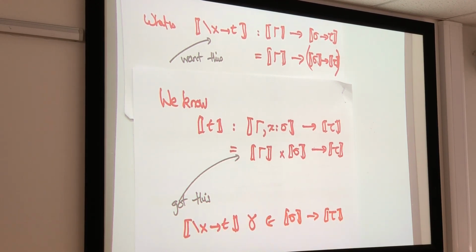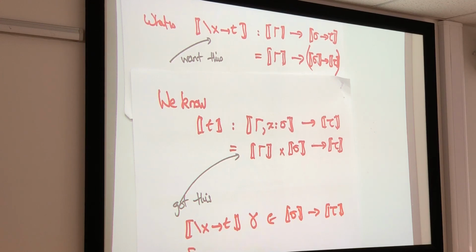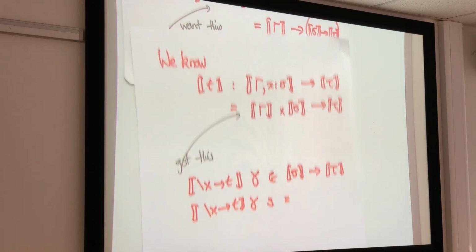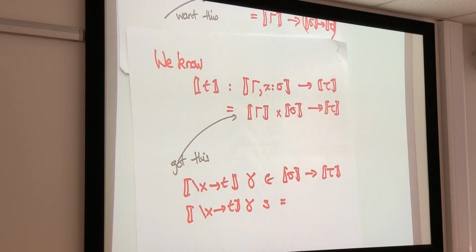Okay, so I still have to give you this function. I'll take something which lives in the input here, in this set, so s. And now I have to give you something in this set. But t will produce that.